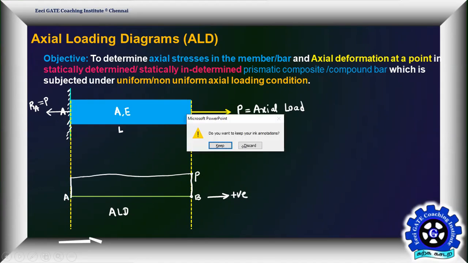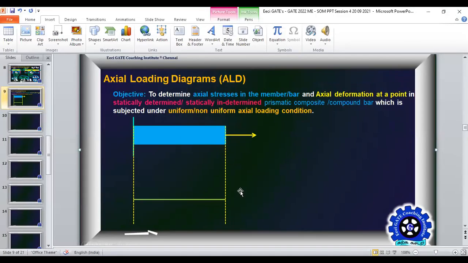Anybody having doubt? Oh, here it is gone. Oh man, the total thing is gone. No issue. So here what will come, tell me? From here to here.